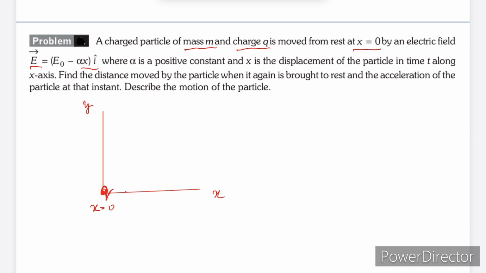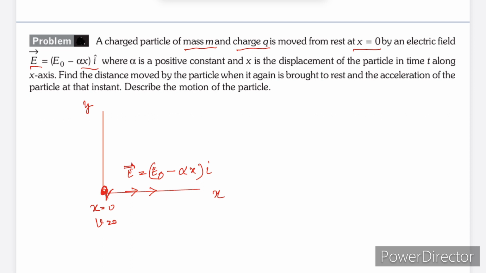The direction of the electric field is E0 minus alpha x i, correct? And one more thing is given: it is starting from rest, so V is also 0 here. That means it will experience a force at x equal to 0 and will move in the direction of the positive x-axis like this.